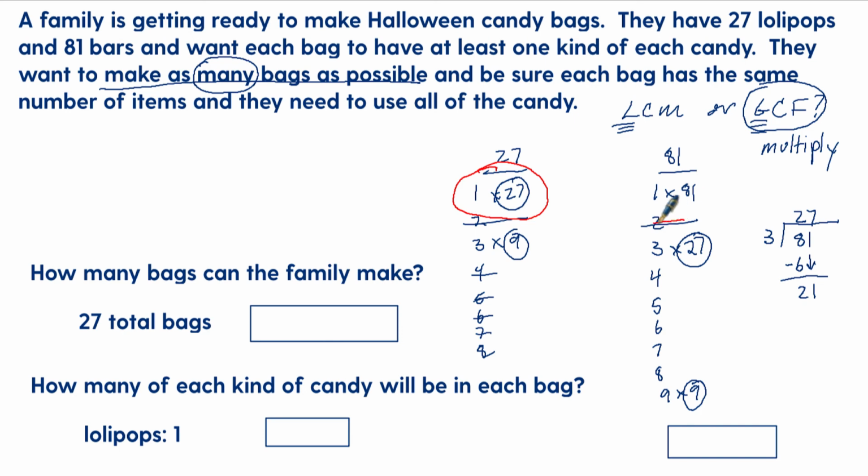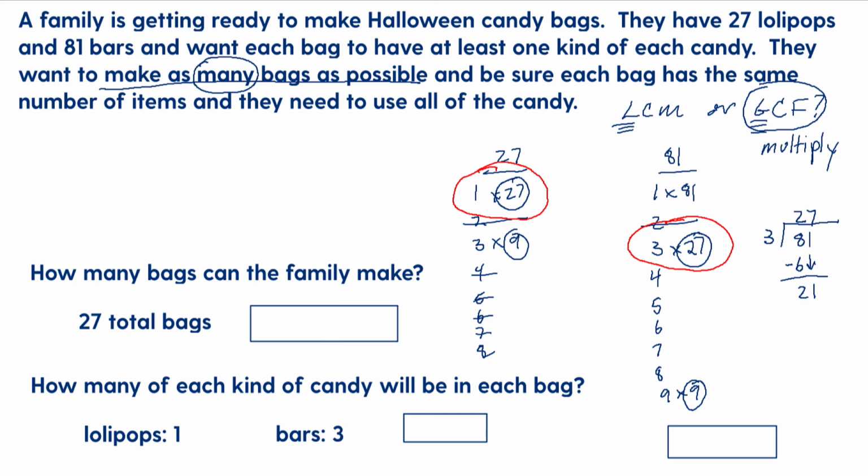And so how many bars will we have in each bag? Well, you're going to see the answer is 3. So bars are 3. So very common GED type question, and hopefully a manageable process for you.